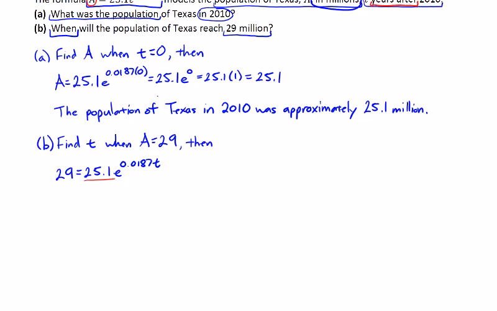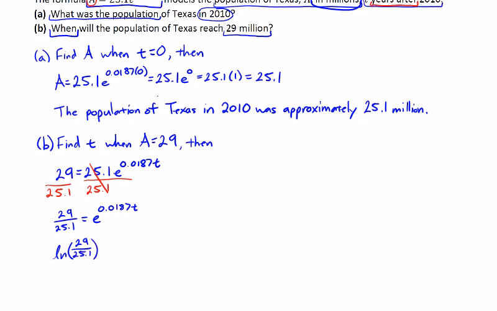So the first thing I want to do is take care of this coefficient of 25.1. Dividing both sides by 25.1 is going to result in 29 over 25.1 equaling e raised to our exponent. In which case I now have an exponential statement with a coefficient of 1, and I can convert this into a log statement using the natural log because of this base being e. So this will be the natural log of 29 over 25.1.